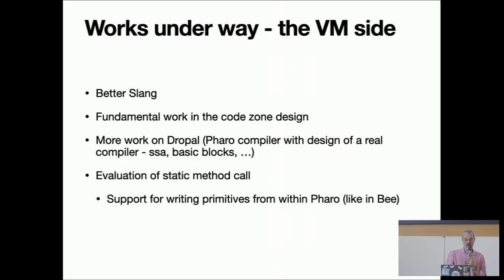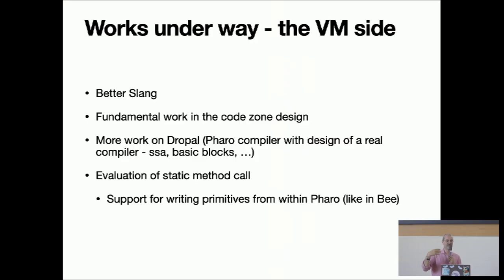There will be more work also on Drid. So what Nawel is doing, it is Drid. Drid takes a description of a primitive or a bytecode written in Slang and generates the code that will generate the assembly for the JIT. But we can also use Drid to give it bytecodes and produce other bytecodes.